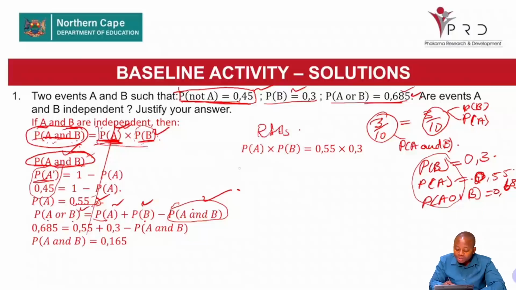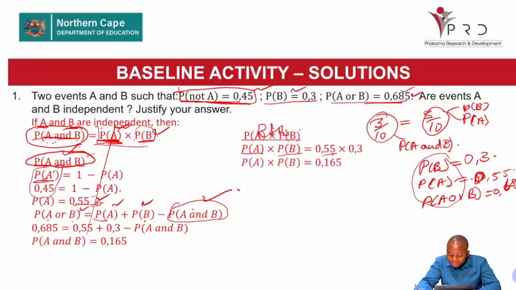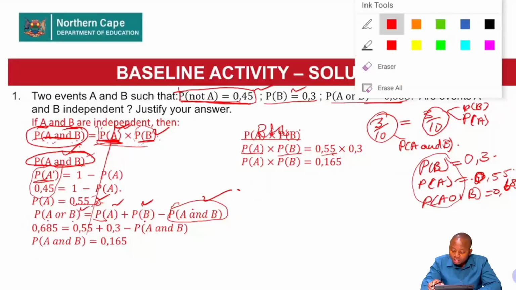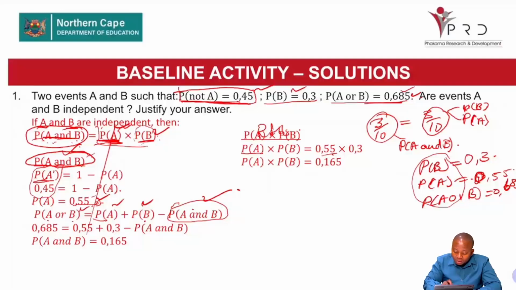When I check the right-hand side, the probability of A, which is 0.55, multiplied by the probability of B, which is 0.3, gives us 0.165.